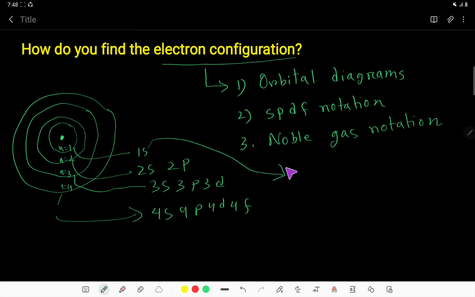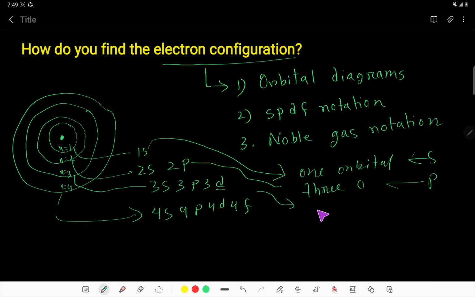From s we get one orbital, from p we get 3 orbitals, from d we get 5 orbitals, and from f we get 7 orbitals.